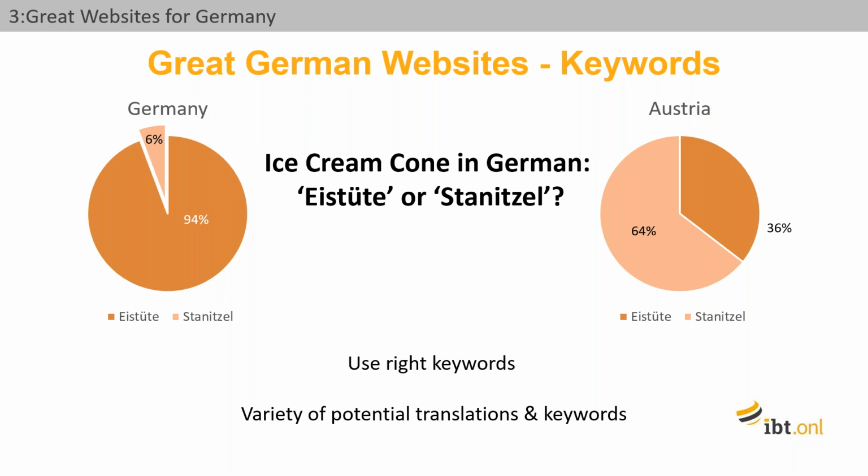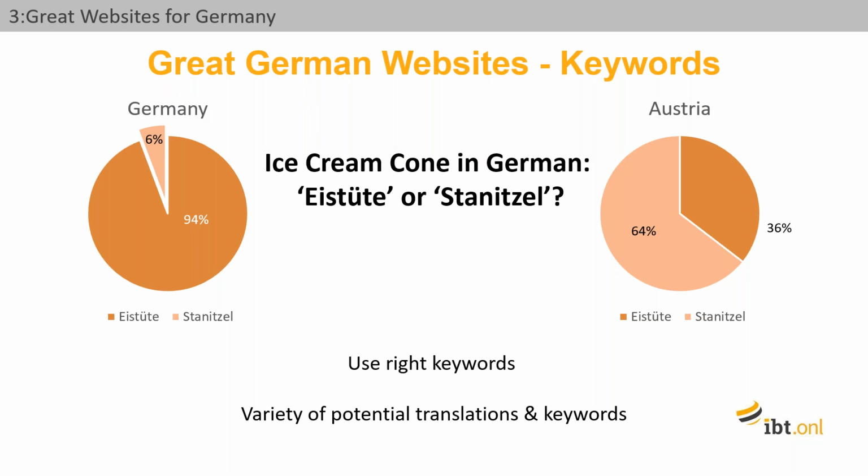And then something you have to keep in mind are the differences between the German-speaking countries. Just as an example, as you can see in the charts, I have a little example of different keywords between the countries, Germany and Austria. In Germany, the word Eistüte would be used for an ice cream cone, and as you can see, 94% would use the word Eistüte in Germany. But Austria has their own German dialect, so words can vary.